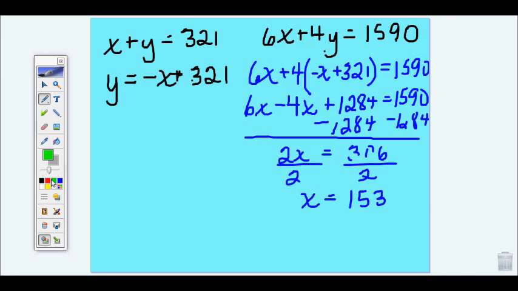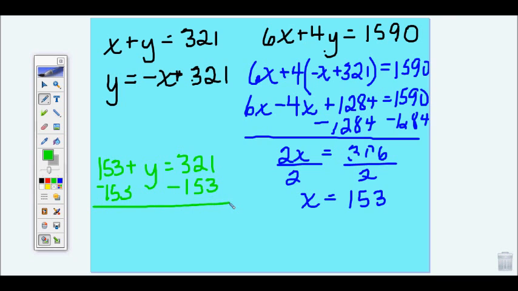So I have 153 plus y equals 321. So I'm going to subtract my 153. And when I subtract my 153, I get that y equals 168.